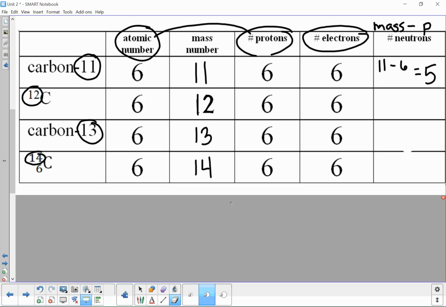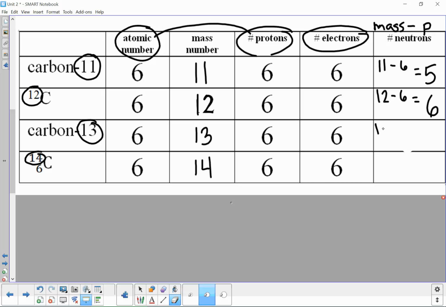But in carbon 12, because it has a different mass, that came from the neutron number being different. So here I start with my mass of 12 minus the 6 protons that you still have, and now my example has 6 neutrons. They're still both carbons because the protons are the same, but we've changed the number of neutrons, which makes them isotopes.